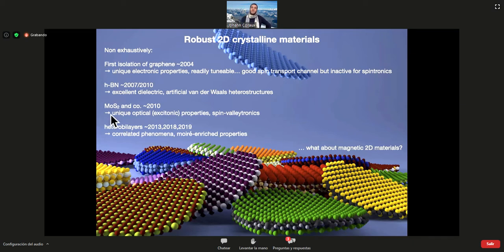Then we come to molybdenum disulfide and its family of semiconducting transition metal dichalcogenides. They have unique optical and excitonic properties in particular. And there again, you see spins arriving. The electronic band structure of these materials is particular because they are made of heavy elements, molybdenum, tungsten, and so on.